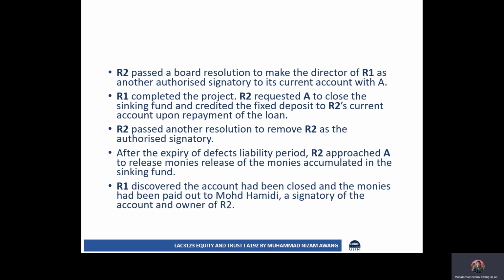Amiruddin's name as a signatory was removed in the second resolution, but that was not told to the first respondent. Only after the expiry of the defects liability period did the first respondent discover that the account had been closed and the money paid out to Muhammad Hamidi instead of Amiruddin.